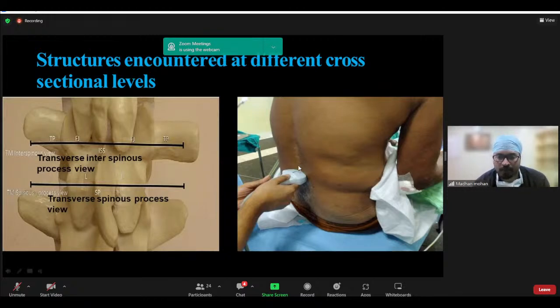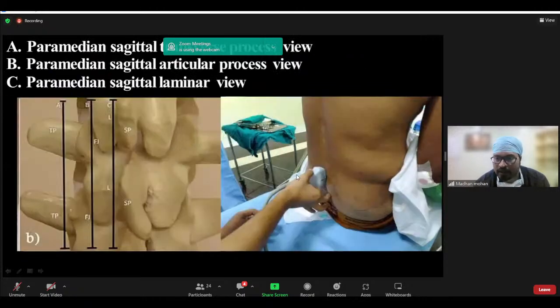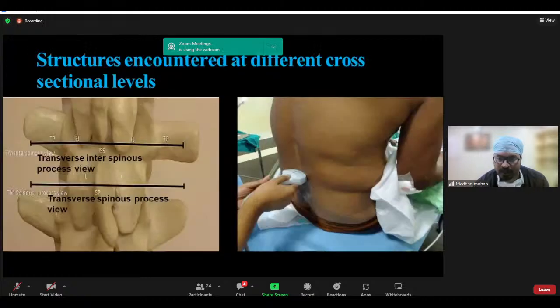This curvilinear probe is kept either horizontally, which is called the transverse view, or vertically, which is the sagittal view or the longitudinal view. These two are the major difference between the views, and with slight modifications, we can see different structures. See here, we are placing the probe horizontally over the lower back, mainly in the lumbar region, right?